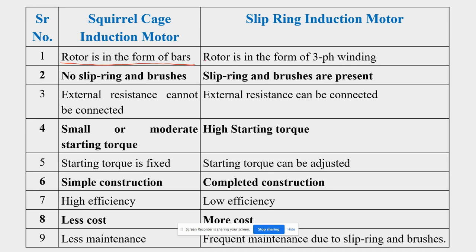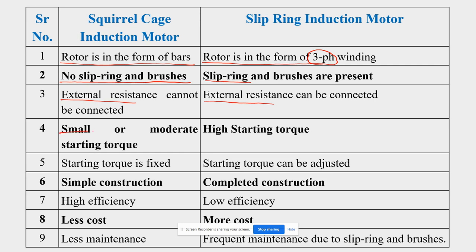In slip ring induction motor, the rotor is in the form of three-phase winding. This is the main point. In squirrel cage induction motor, there are no slip rings and brushes. But in slip ring induction motor, there are slip rings and brushes. We cannot connect external resistance in squirrel cage induction motor, but in slip ring induction motor, you can connect external resistance so that you can vary rotor current.